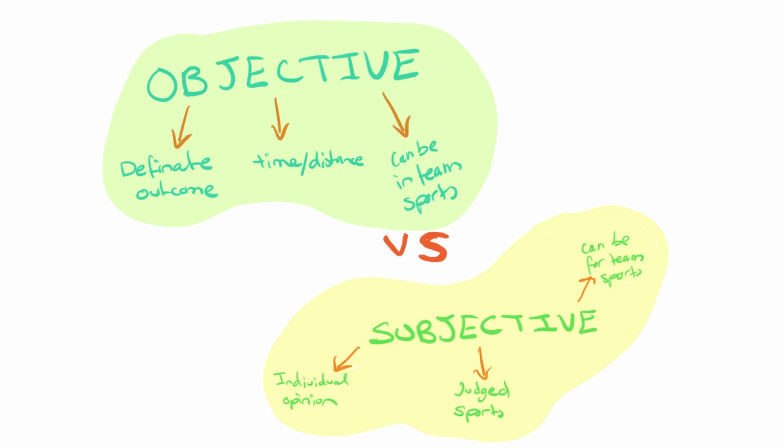Subjective is based on an individual's opinion, so a judge's opinion. These are generally sports which are judged, like gymnastics, boxing, surfing, and they can be used for team sports as well, because essentially a referee or an umpire has to use subjective measures to decide whether a penalty should be awarded or not.